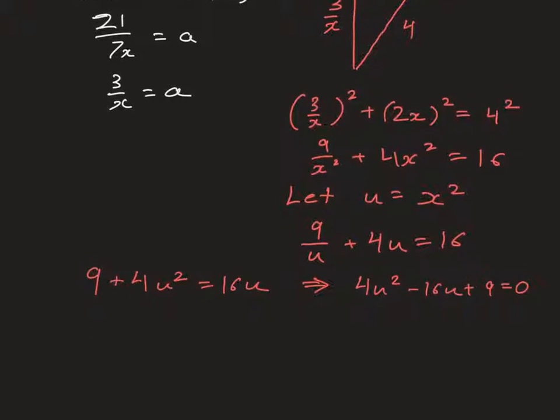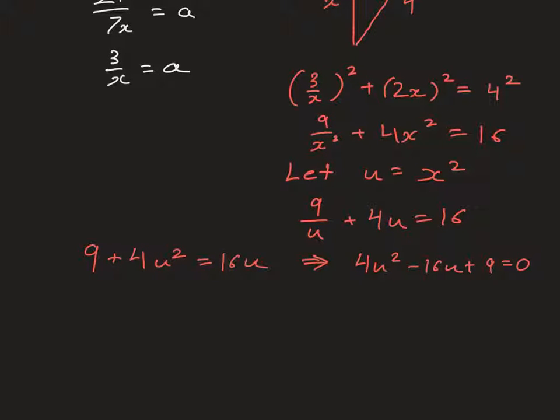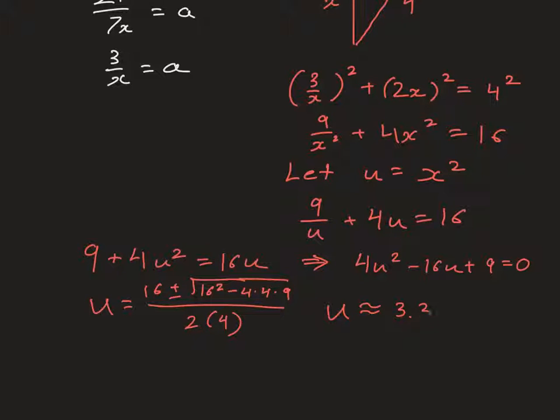And sadly, you can't just factor it. You have to use the quadratic formula. So let's write the equation. And this gives us values of u approximately equal to, and since u equals x squared, x is equal to the square root of u.